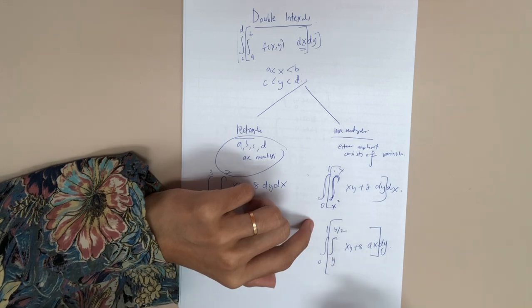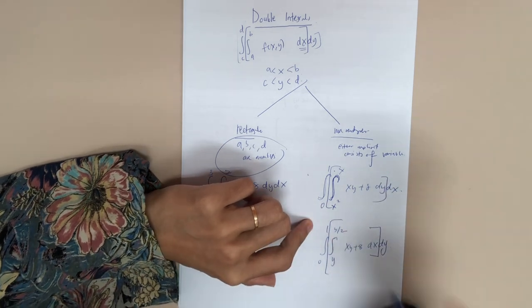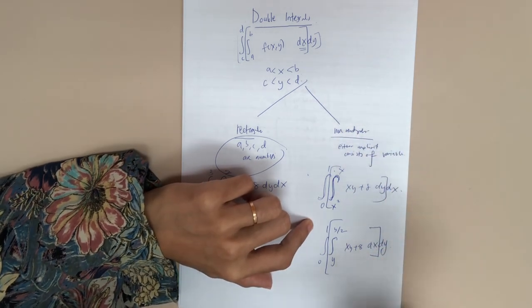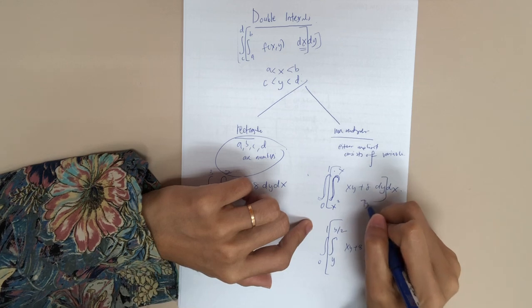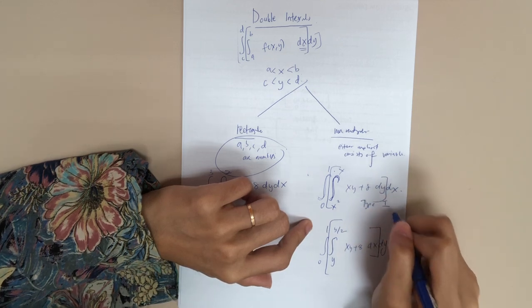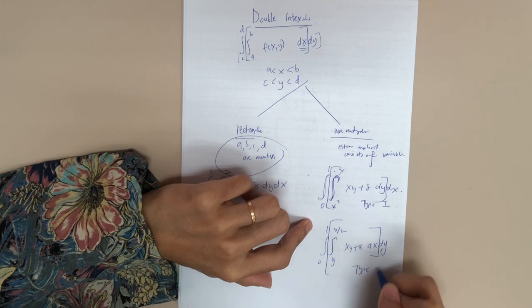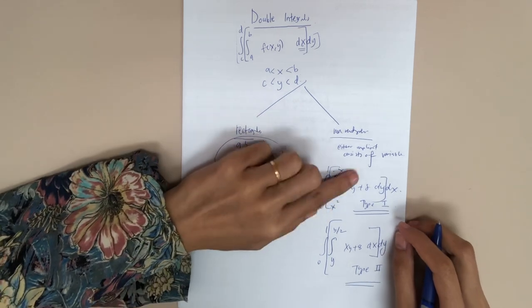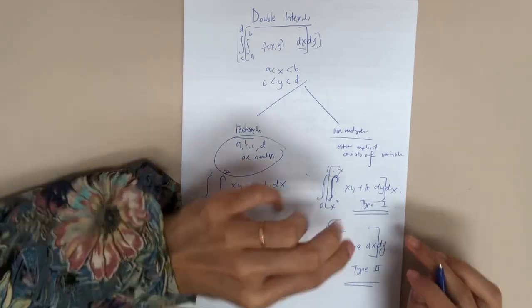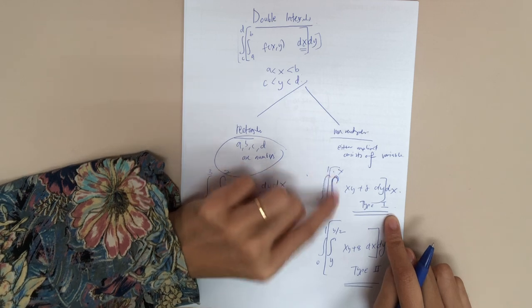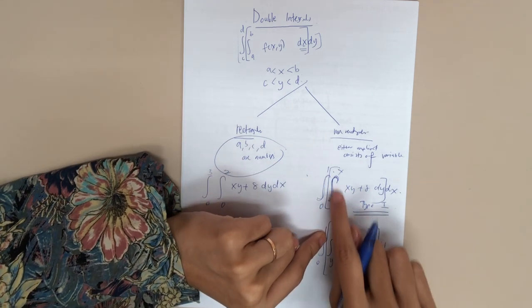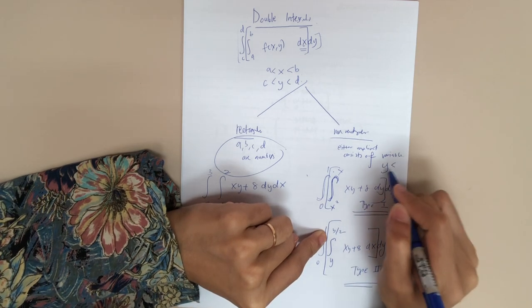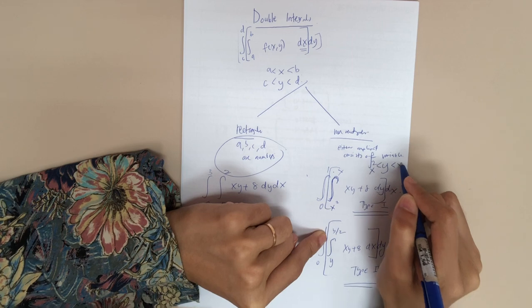Under non-rectangular itself, there are another two types: type 1 and type 2. Type 1 is when this limit, the first one, is the y limit, because this is dy, so your y limit must be in terms of the x variable.